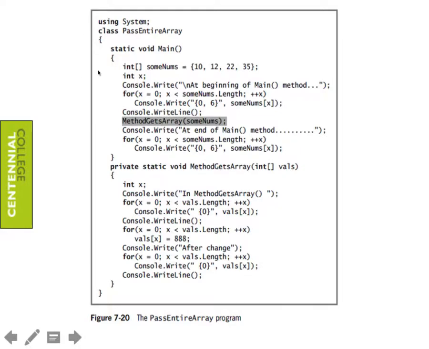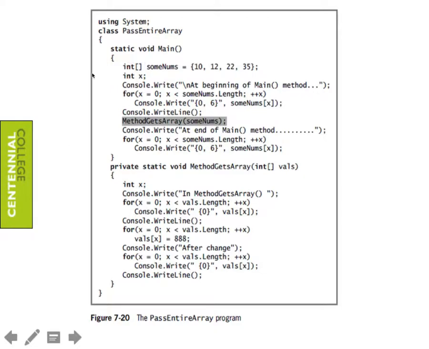So in other words, I go through here and this is what it's going to say now. Here are my integers, 10, 12, 22, 35. It says beginning of main method, right? And I start cycling through. It's going to go 10, 12, 22, 35. That's what it's going to do up here.